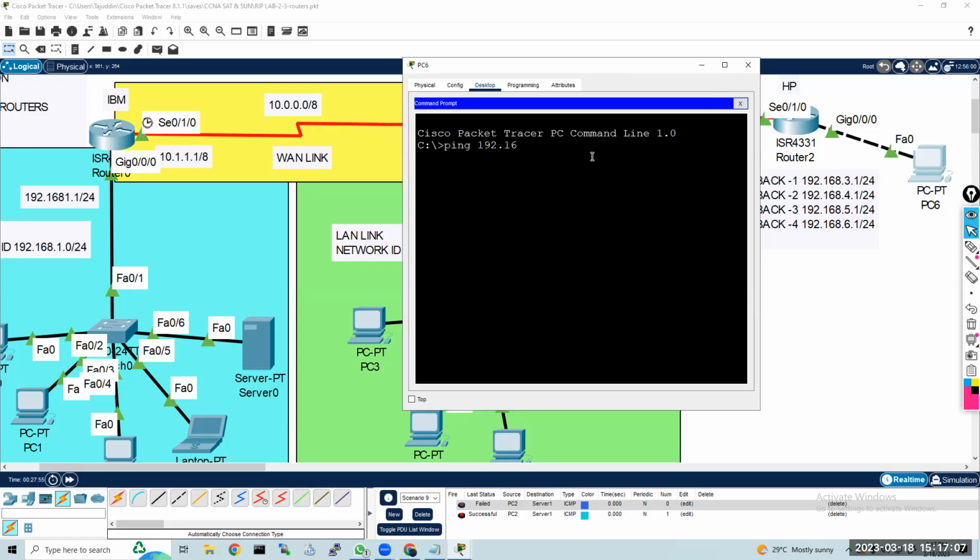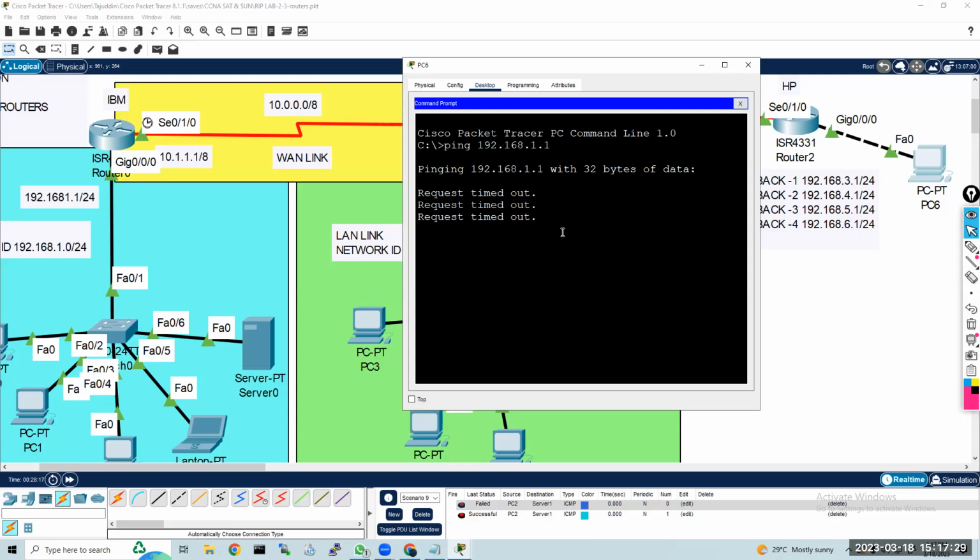No. For example 1.1. Why? The network should be advertised inside RIP. Request timeout.